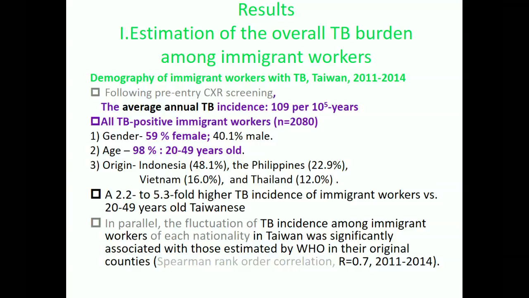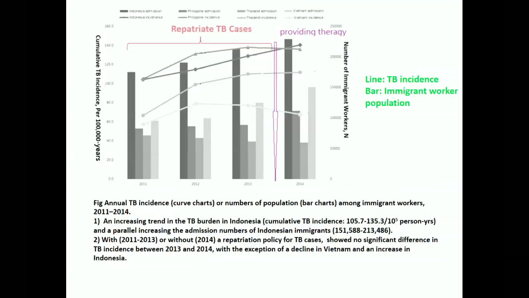In parallel, the fluctuation of TB incidence among immigrant workers of each nationality in Taiwan was positively associated with the WHO estimate in their original countries.